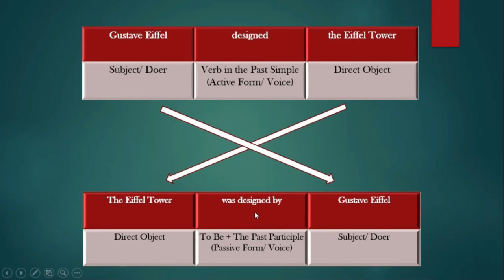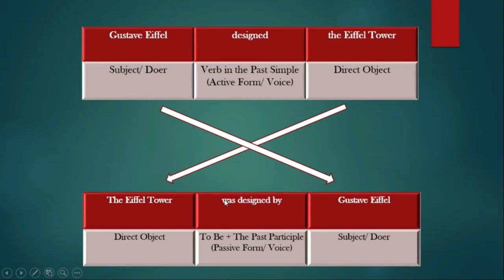Alright? As you know, we have two types of verbs. We have regular verbs and irregular verbs. Regular verbs end with ed. And irregular verbs change completely or they remain the same. In this case, I have a regular verb, a verb that ended with ed, as you see here. Now, I change the verb from the past simple into the past participle here.